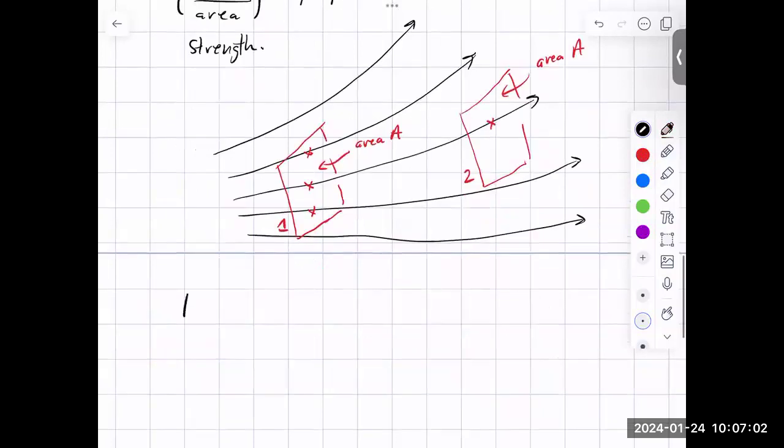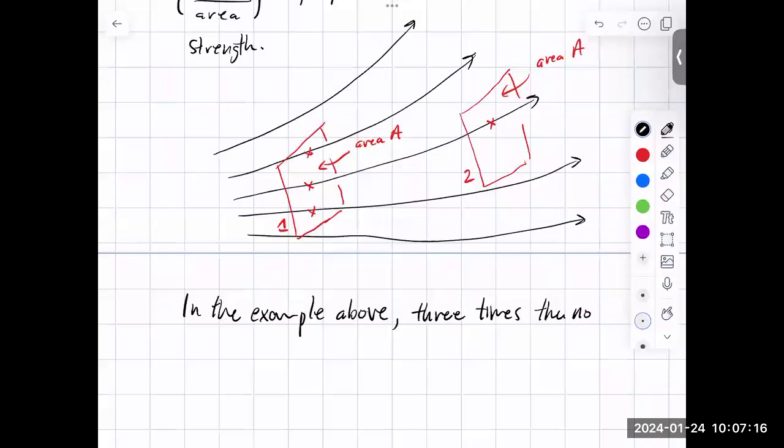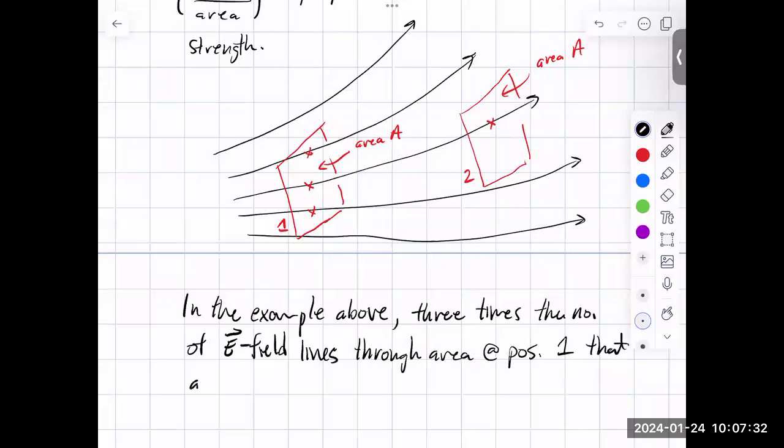And so the electric field is 3 times stronger at position 1. So in the example above, there are 3 times the number of electric field lines through our area at position 1 than at position 2.